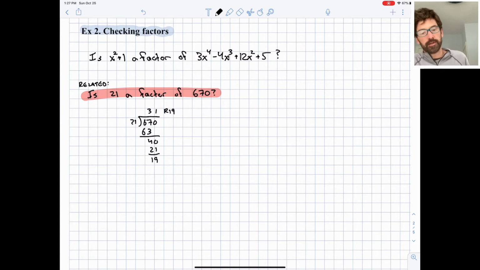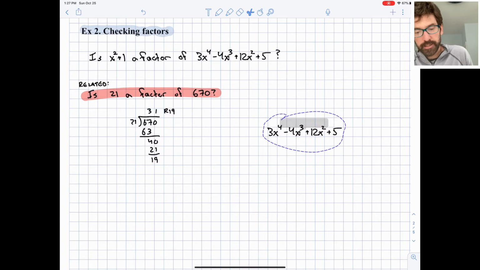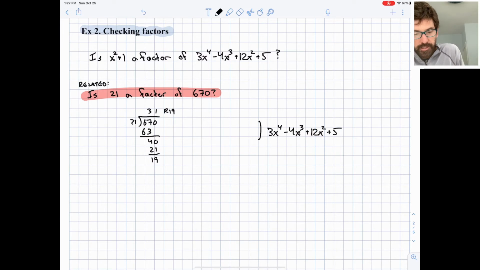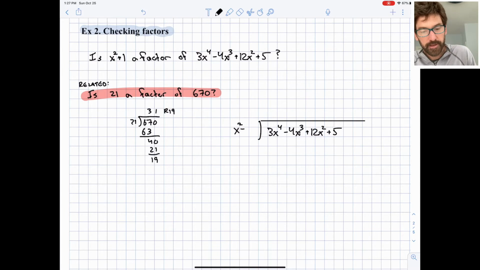So let's check it out with this algebraic example that I'm giving you up above. We will do some division here. And we need to divide 3x to the fourth minus 4x cubed plus 12x squared plus 5 by x squared plus 1.